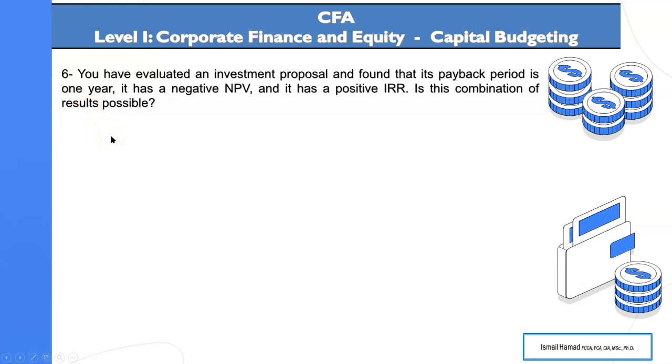But the 1 year cash flow in the future will be worth less than the 1,000 initial outlay. So the net present value will be negative. Payback period is 1 year. It has a negative net present value, which is okay. And it has a positive internal rate of return. It makes sense because the internal rate of return is the rate that makes it 0.